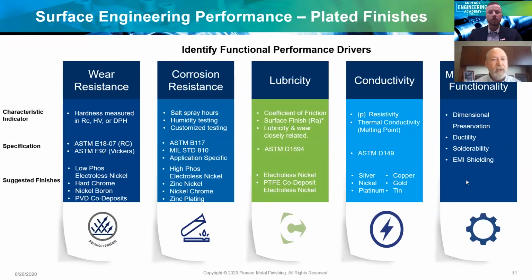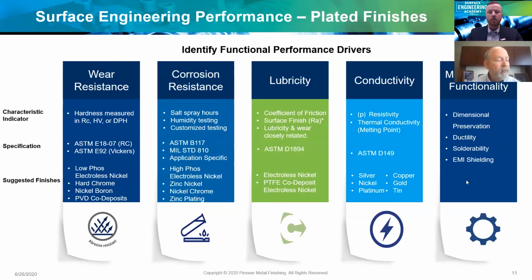And then we move on to corrosion resistance. The different types of corrosion resistant coatings that are out there include the high phos Electroless Nickel. When we're at 1,000ths of thickness, Steve? Yeah. So 1,000ths of thickness is a pretty good range to ensure for high phos Electroless Nickel that you're getting 1,000 hours of salt spray.